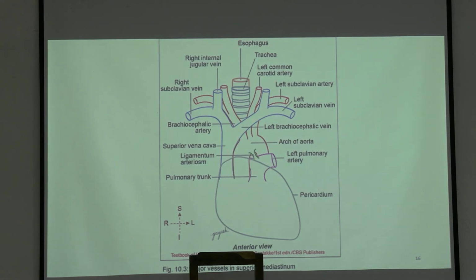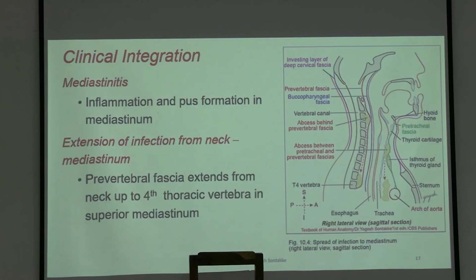So all these structures actually represent the blood vessels and tubular structures, nerves. They are the parts of the superior mediastinum.